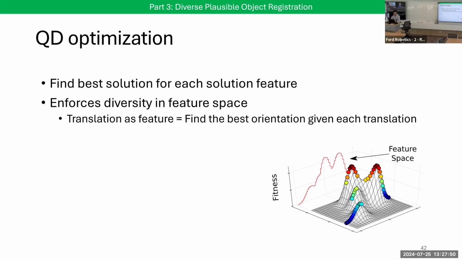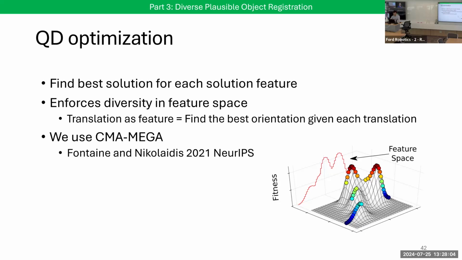This feature can be, for example, the translation component of a pose estimate. If we use it as such, then it becomes a problem of finding the best orientation given each translation. We use a variant of QD optimization called CMA Mega, and this method is able to utilize the differentiability of our cost function to accelerate its search.